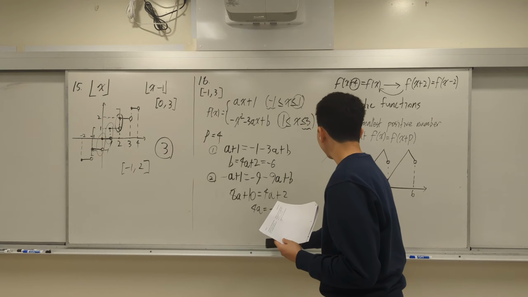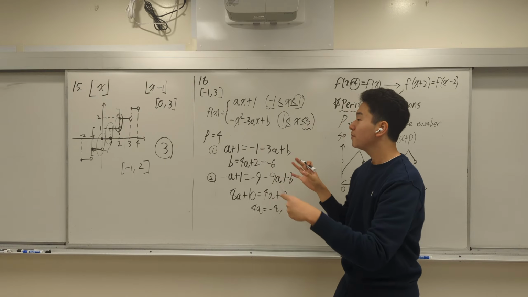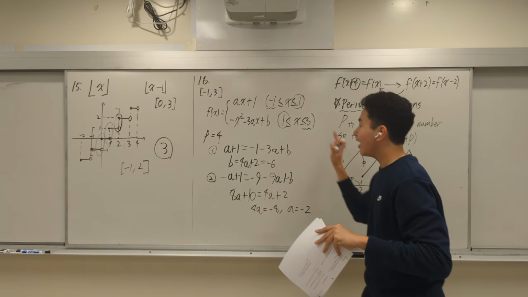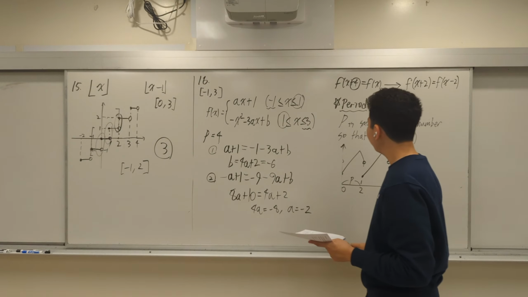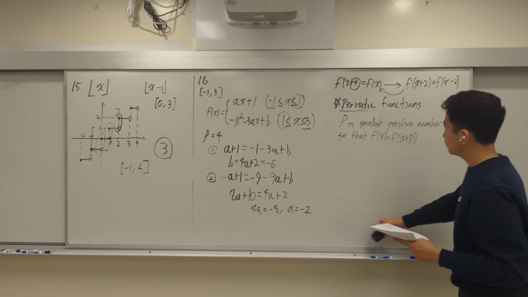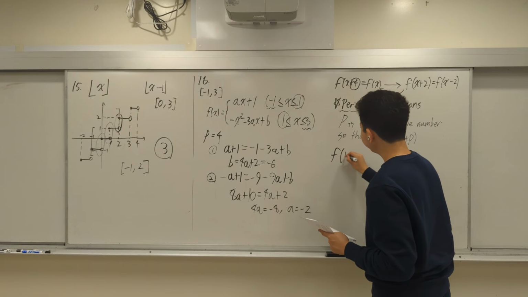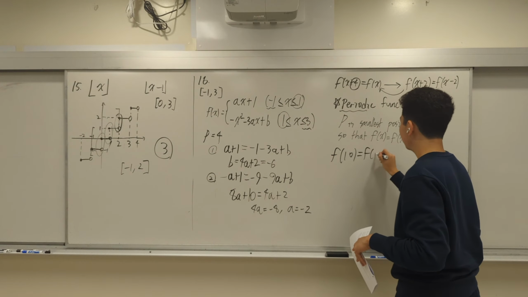So therefore, we can find f of 10. What is f of 10? You notice that f of 10 is outside our -1 to 3 range, but remember, it's periodic, so we can go backwards 4 spaces or forwards 4 spaces. In this case, we want to go backwards. So f of 10, I'll just erase this diagram here, we go back to f of 6, and we're still not in this range, so we go another 4 spaces back, and that's equal to f of 2.